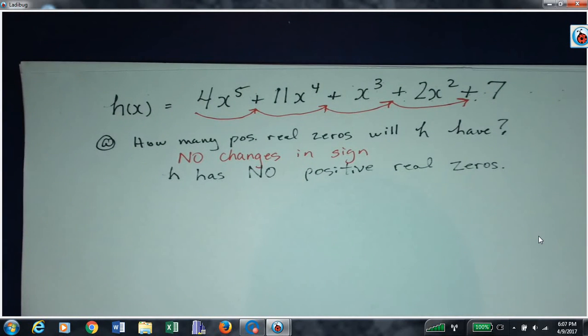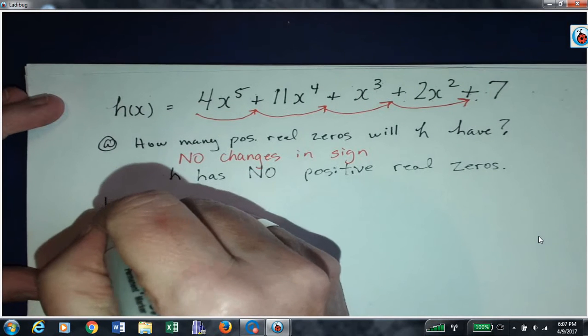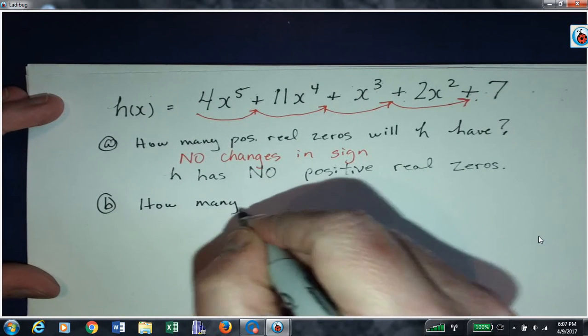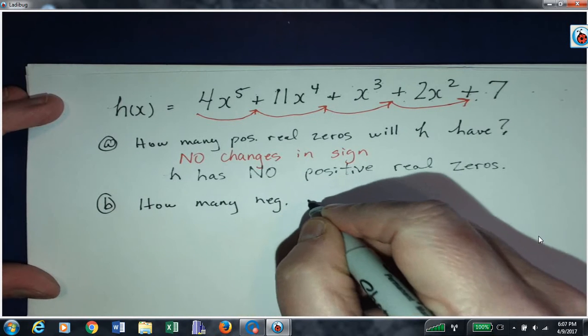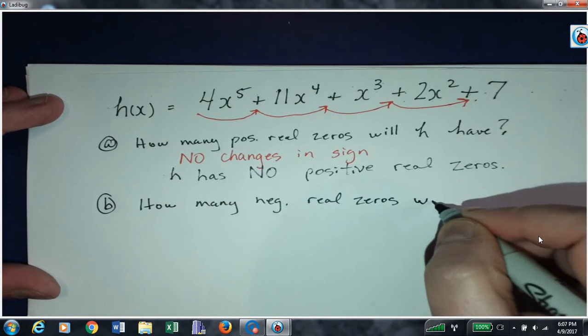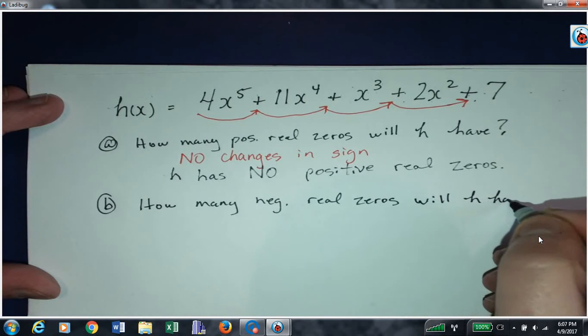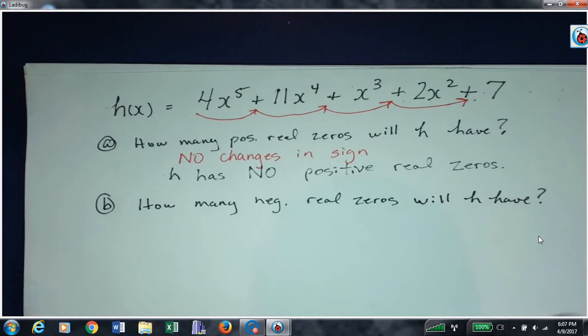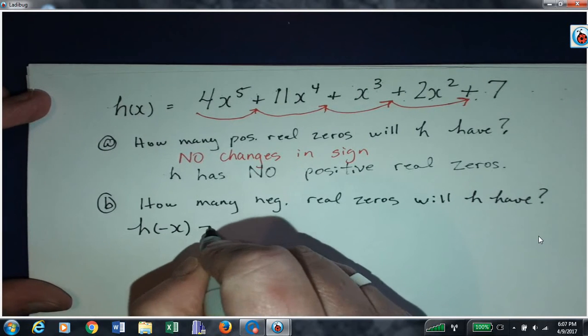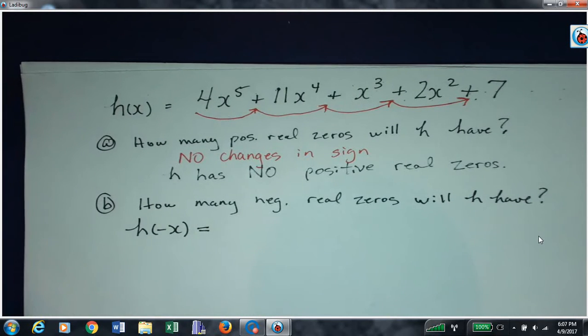So now we're back with our polynomial h. So part B, how many negative real zeros will h have? Well, we have to get the formula for h evaluated at negative x. And let's use the fast way.